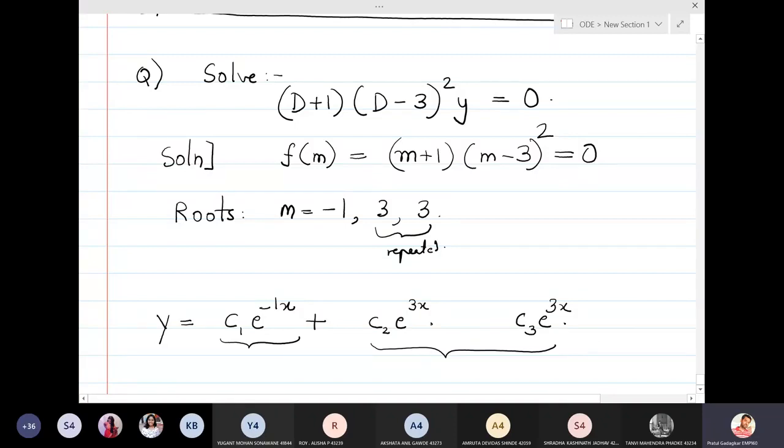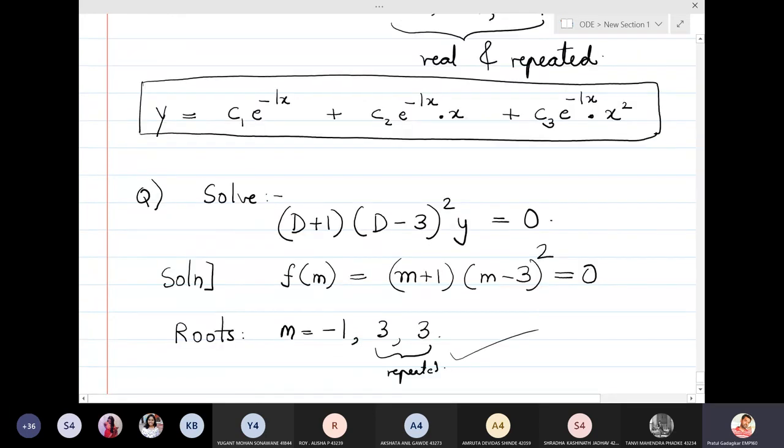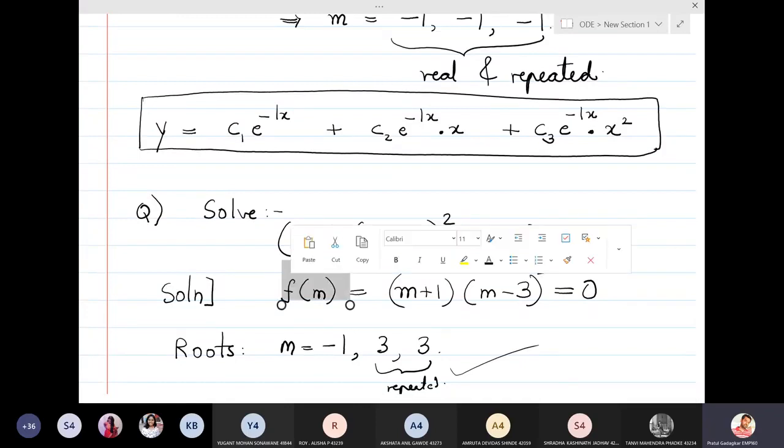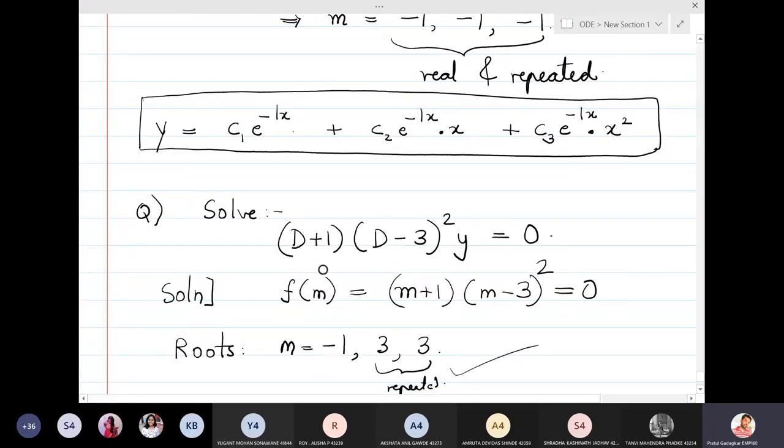So hide this for some time. If you hide this for some time, this root is repeated twice. So what should I do? Should I write an x here and an x square here? No. For the first component we don't write anything. Look, for the first one we don't write anything; here we have not written anything in the first term. From the second term you start multiplying x and x square.